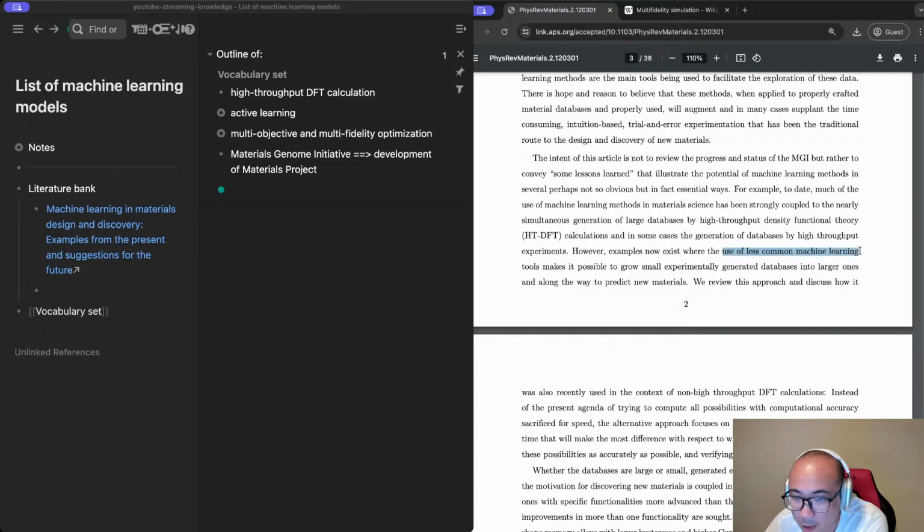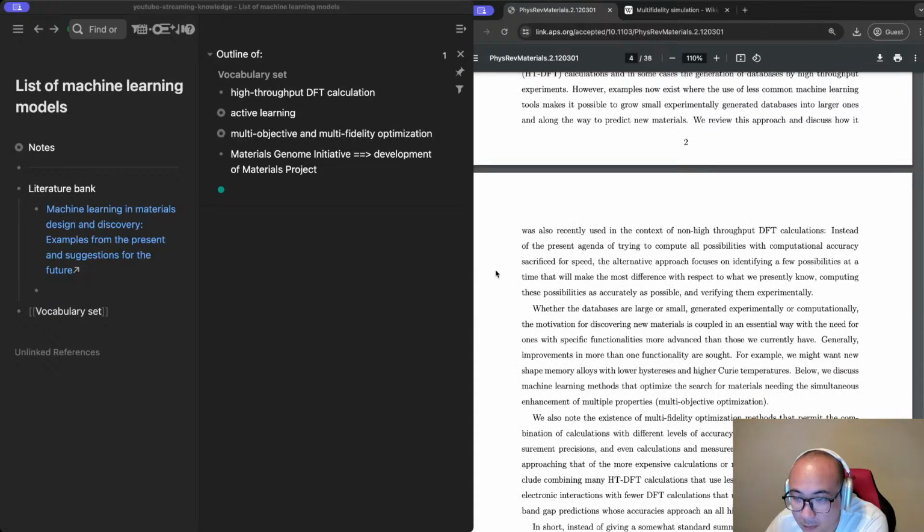Use of less common machine learning tools made it possible to grow small, experimentally generated databases into larger ones, along the way to predict new materials, in the context of non-high throughput activity. Identifying a few possibilities at a time that will make the most difference with respect to what we presently know, computing these possibilities as accurately as possible and verifying them experimentally.